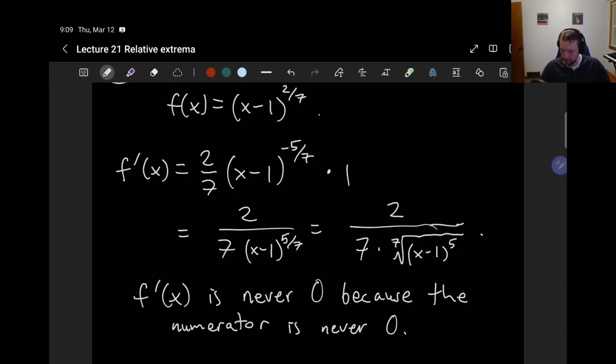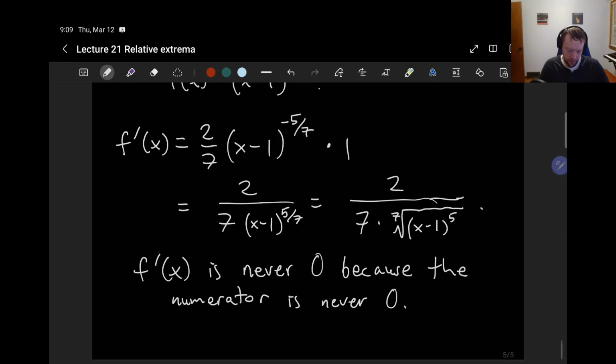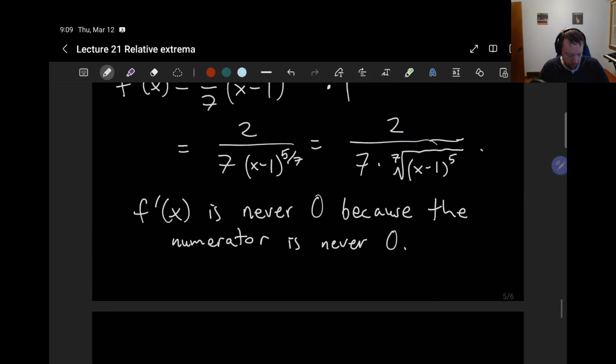But can this thing be undefined? And the answer is yes, because while the 7th root itself is okay, this thing can still be 0, and then we're dividing by 0. So that's the thing that can happen.